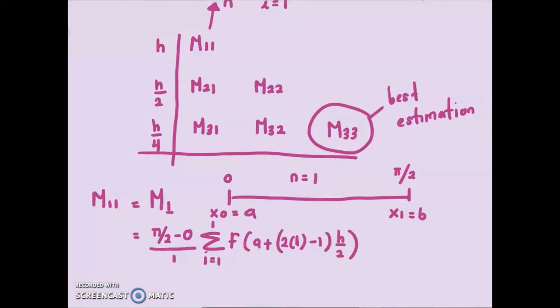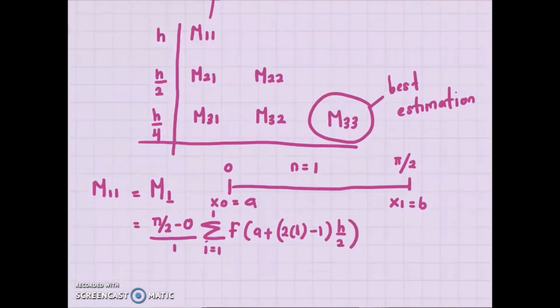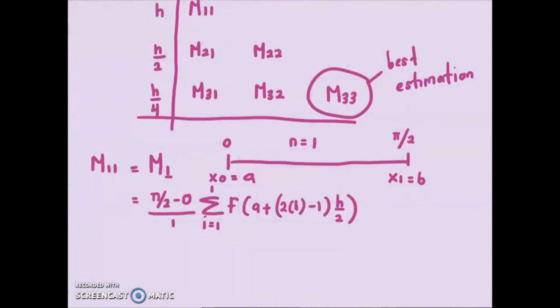Now look at this formula. What is h here? h is pi over 2, because pi over 2 minus 0 divided by 1.